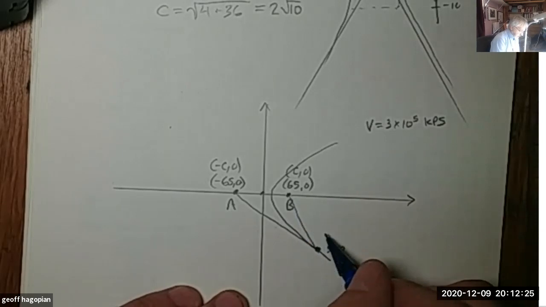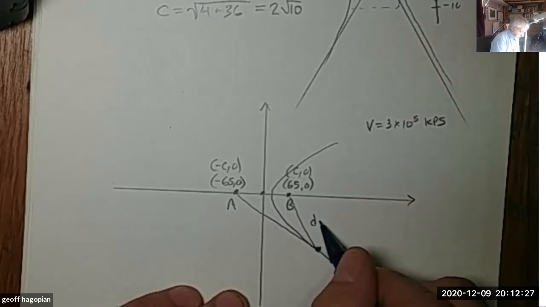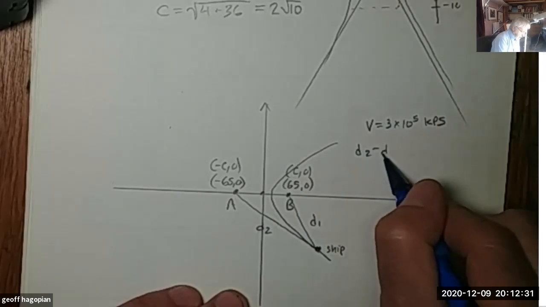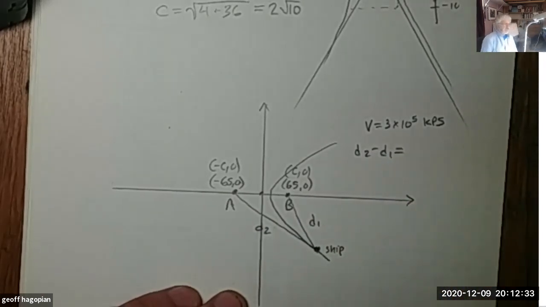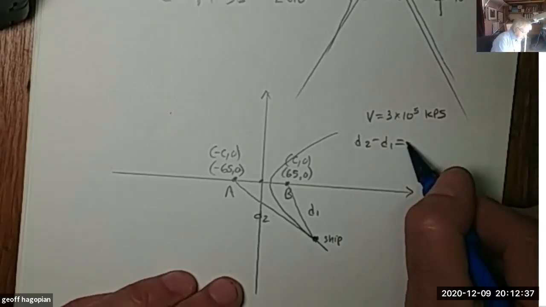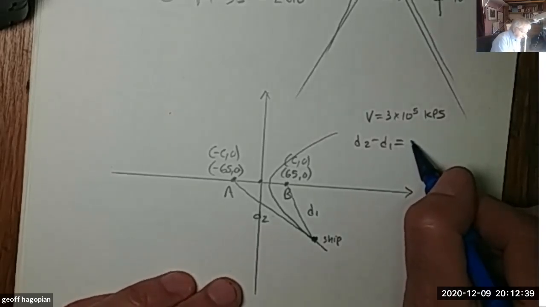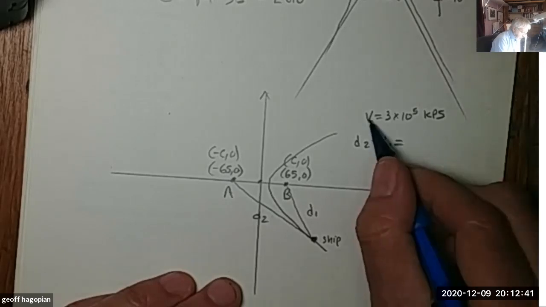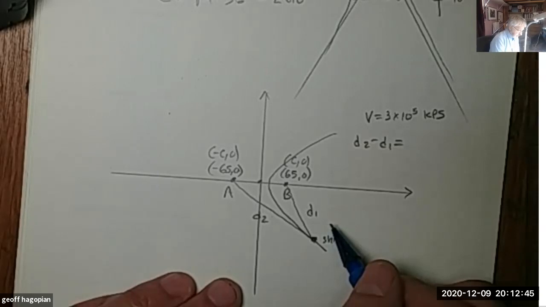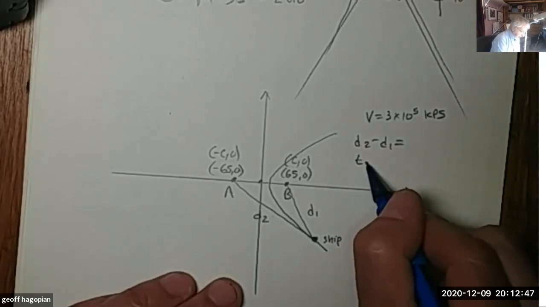So the distances are going to be D1 and D2. And we know the difference between the times, okay?